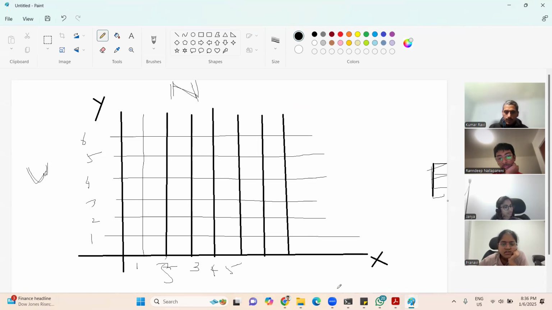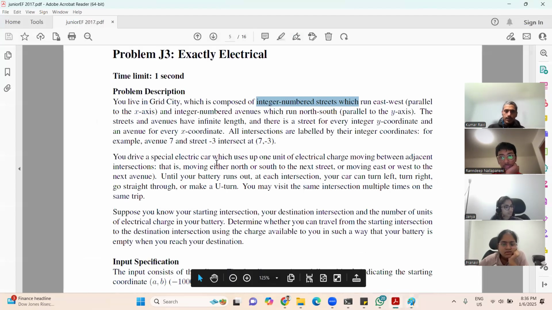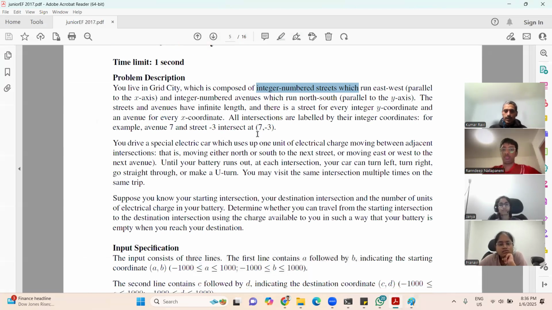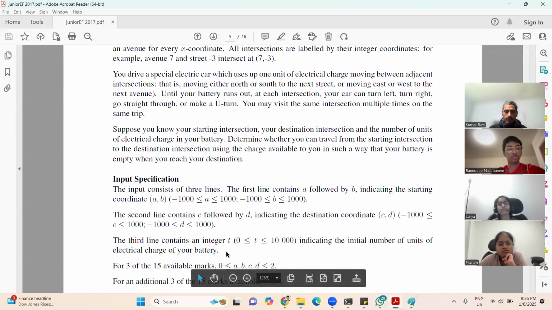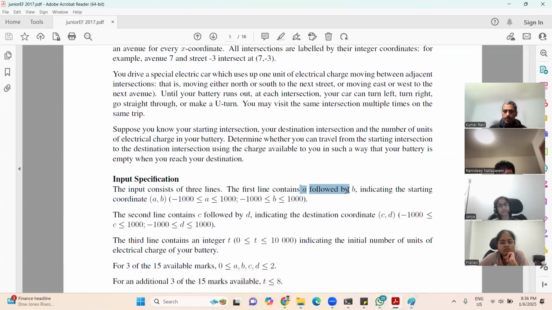So what it is telling: you have a battery car, and it has some battery that will be specified in the form of T here, and we have 4 coordinates like A, B. AB is one point and CD is another point.